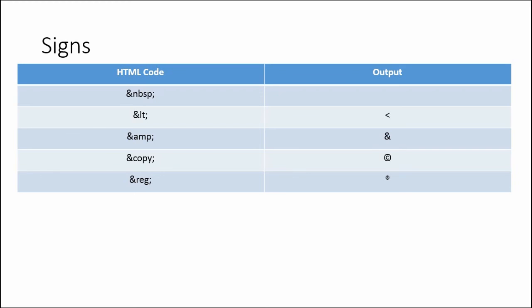Next are the lesser-than sign, ampersand sign, and afterwards the copyright sign and registered trademark sign. The respective HTML code you can see on the left hand side. Now you may be amazed that the ampersand sign and lesser-than sign are on the keyboard itself. Then why do we require HTML code for that?